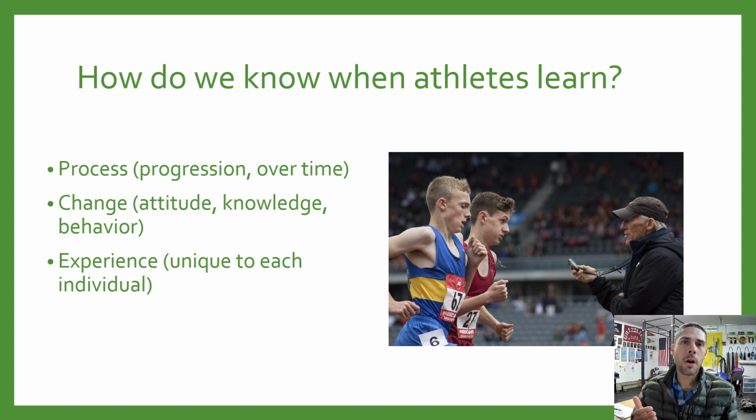Last thing on this idea: we need to acknowledge that it is possible for an athlete to have actually learned a skill, they understand it, but then still perform it incorrectly, because sport is dynamic. It's an open environment where all of these different things can happen. So you've learned that skill, and I see you do it in practice, but somehow it didn't come out in the game, in the competition.